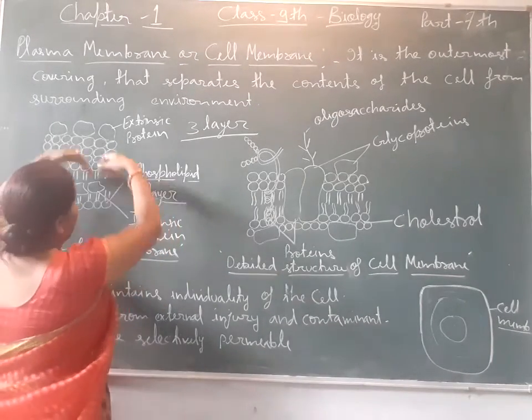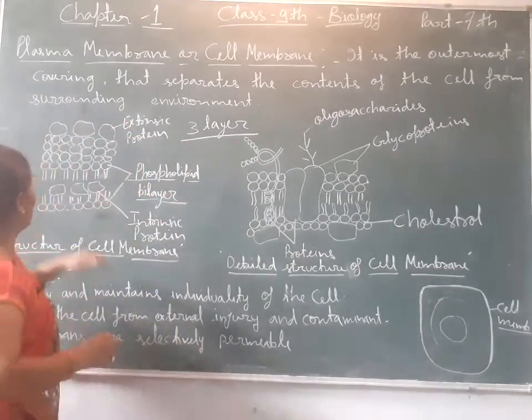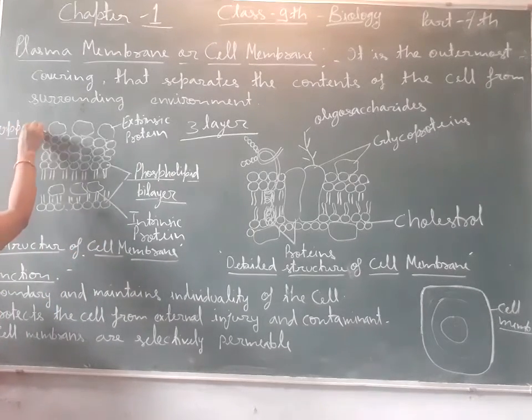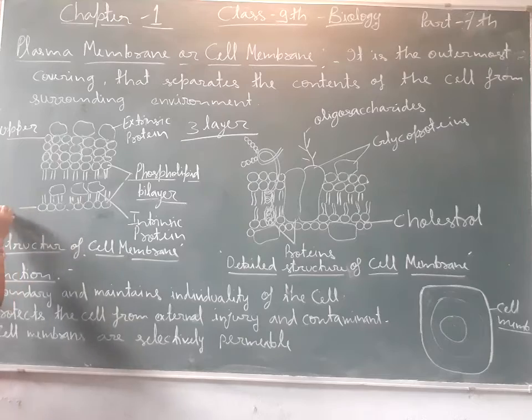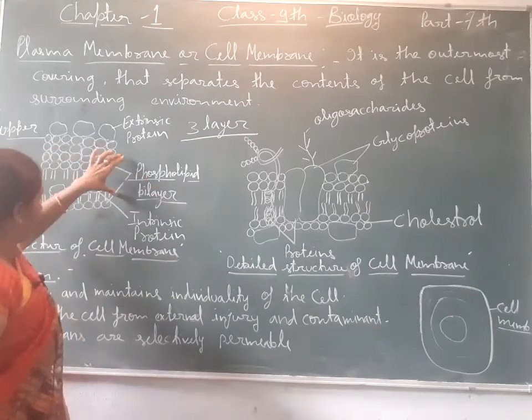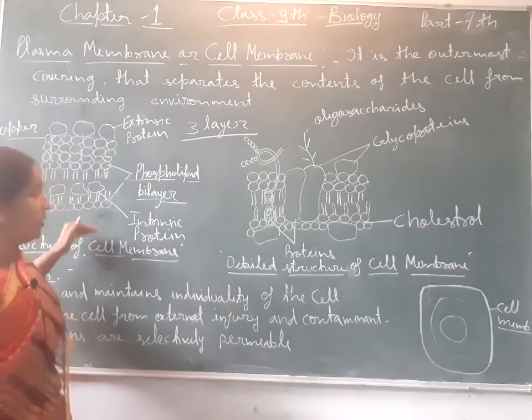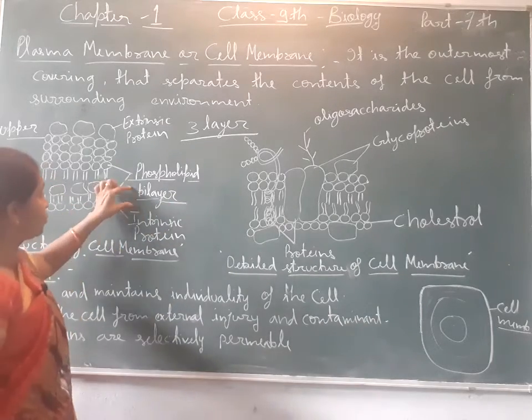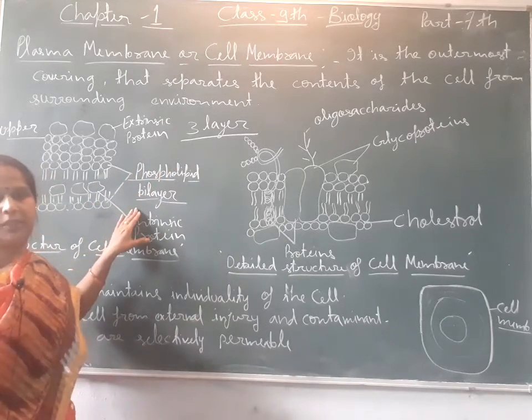Outer, upper and lower: this is the upper part and this is the lower part, made up of protein, and in between both layers is the phospholipid bilayer. It means 2 layers of phospholipid are present.